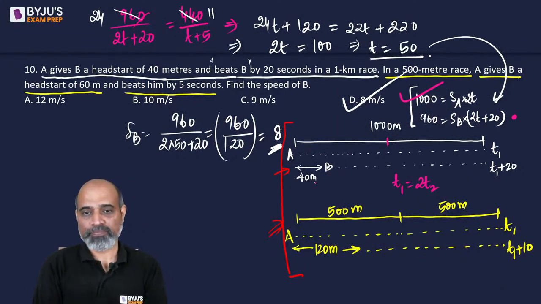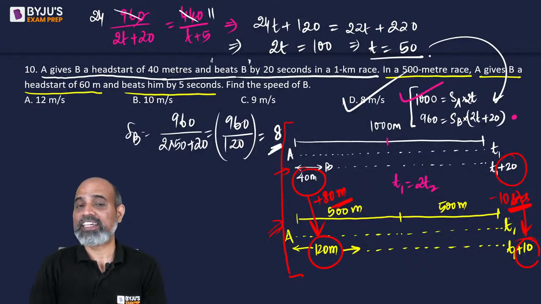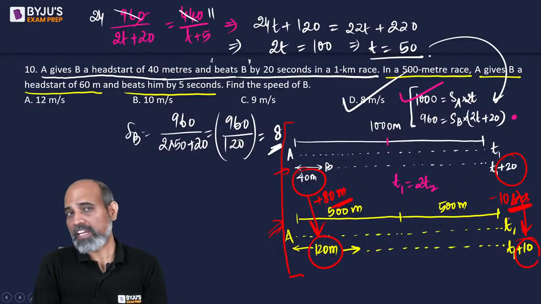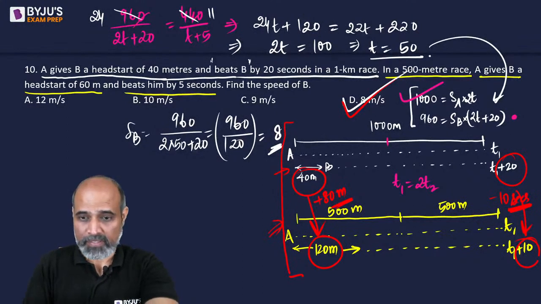Now pay attention, what is the extra distance covered by B here? 80 meters. What is the time that he takes less? 10 seconds. If B covers 80 meters in 10 seconds, what will be B's speed? Obviously 80 by 10, 8. Got it?